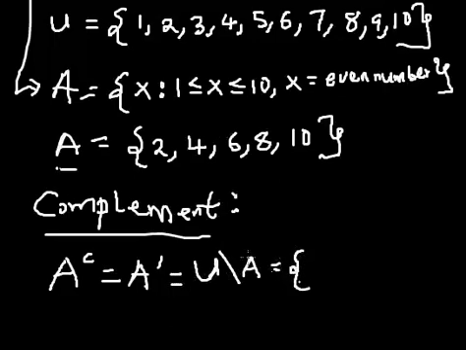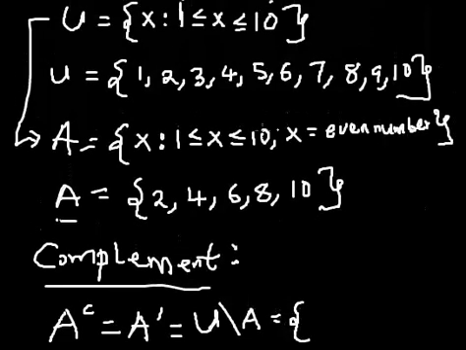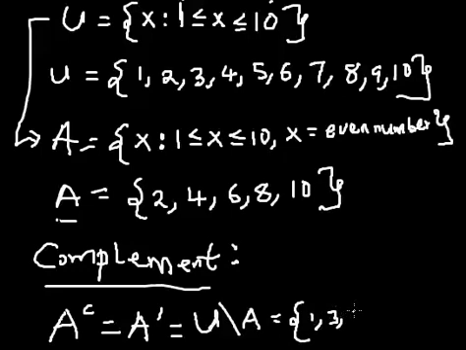Since A is all even numbers, the complement of A from the universal set will be the odd numbers from 1 to 10. That's going to be 1, 3, 5, 7, and 9.